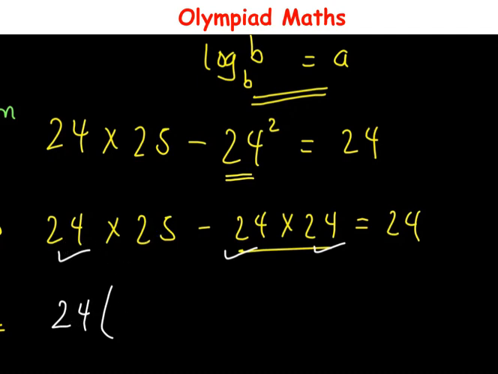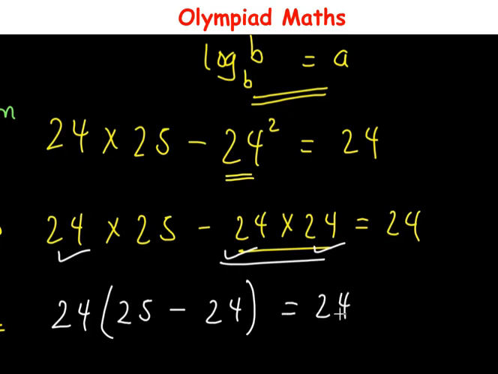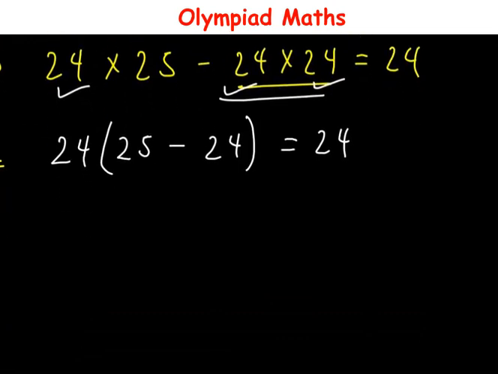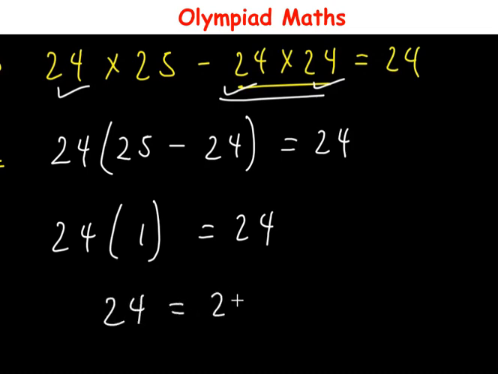All we have is 25, then minus, divide this by 24, we have 24 is equal to 24. So from here, we have 24 into bracket. This will give us 1 equals 24. 24 times 1 is 24, which equals 24.